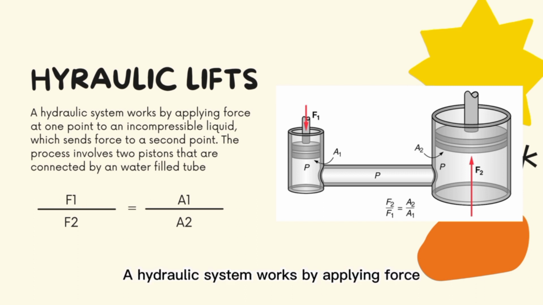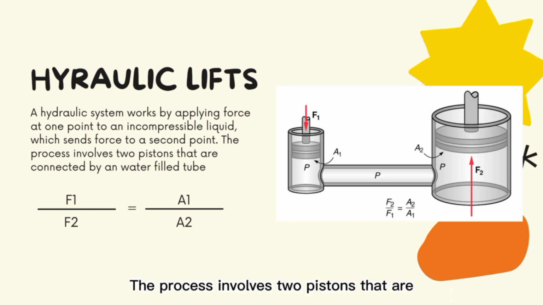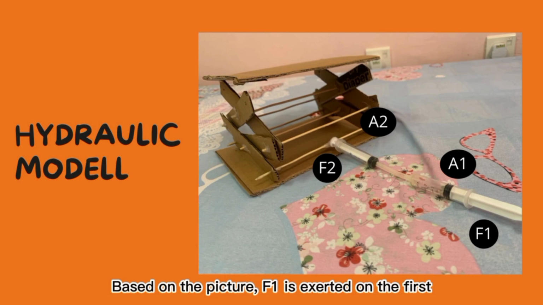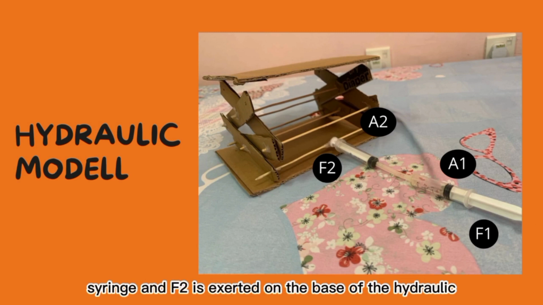A hydraulic system works by applying force at one point to an incompressible liquid, which sends force to a second point. The process involves two pistons that are connected by a water-filled tube. Based on the picture, F1 is exerted on the first syringe and F2 is exerted on the base of the hydraulic.